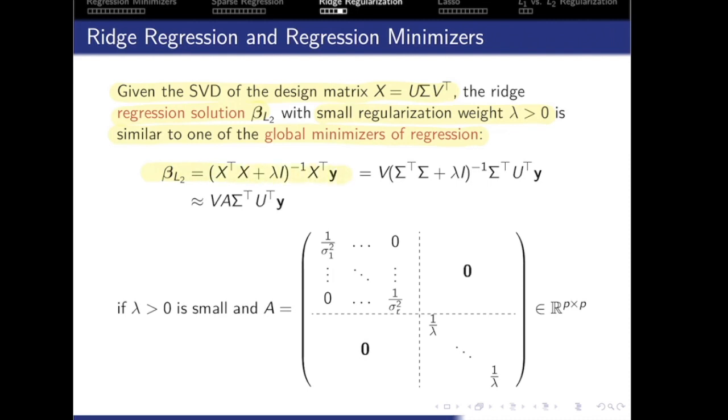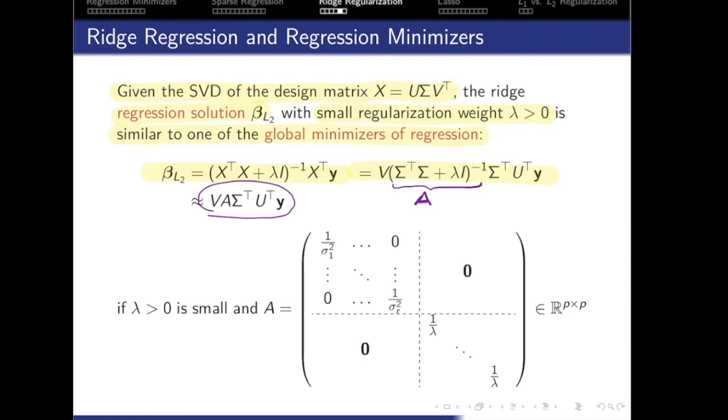Now if we insert for X the singular value decomposition, then we get this form. And then you see, if you compare this with the solution vectors beta we had for the regression problem, that this is equal to the beta if we say that this here is our matrix A. And then we have this formula V A sigma transposed U transposed Y. And this was in the set of our optimizers beta, which solved the regression task.